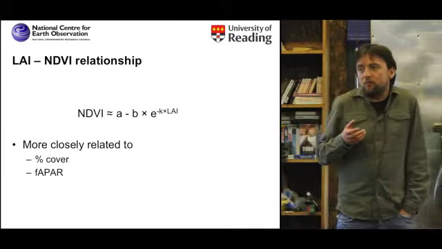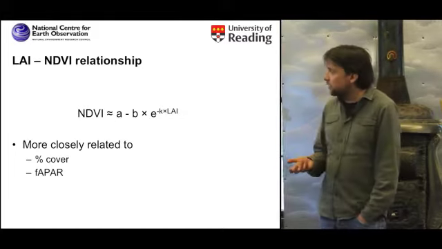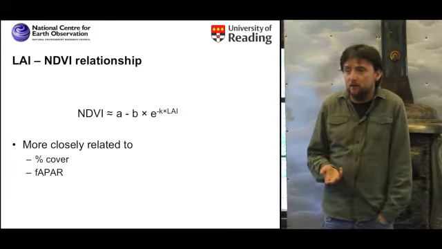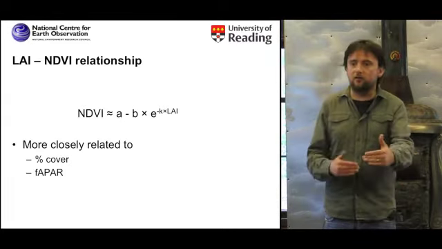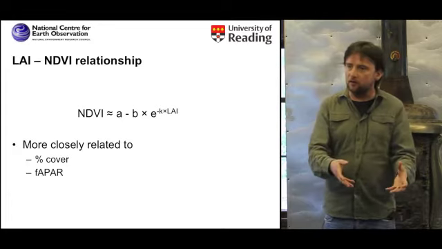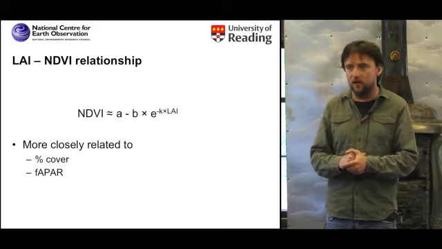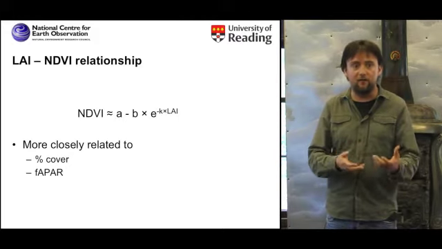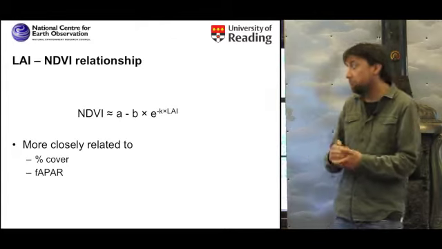So it's probably not unreasonable to say that it is more linearly related to FAPAR. And if you were thinking about a large spatial area with some mixture of soil and vegetation on it, it's probably related to percent cover as well. And percent cover and FAPAR in that situation are probably quite strongly related.